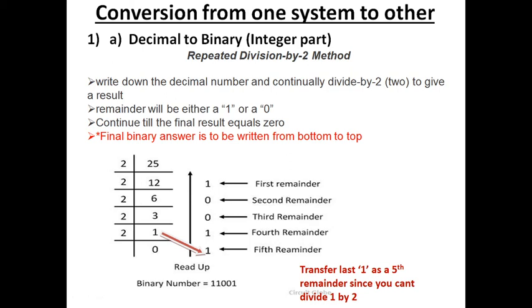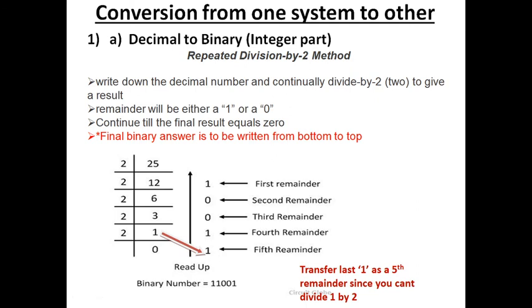Like this you have to keep on dividing till you are not able to divide it. Like here 1 cannot be divided by 2, so that's why that 0 is written. And that 1, since you cannot divide it by 2, has to be moved at the last.